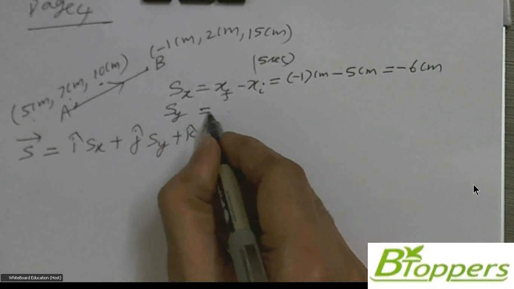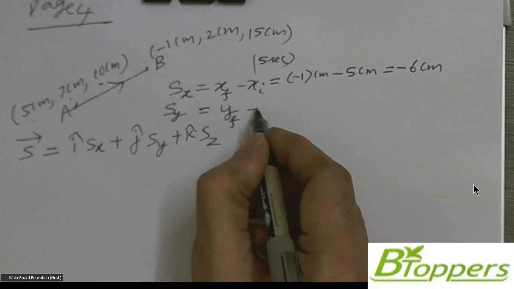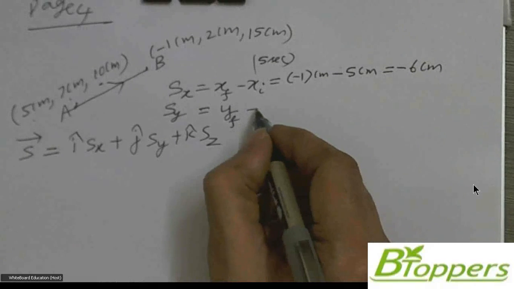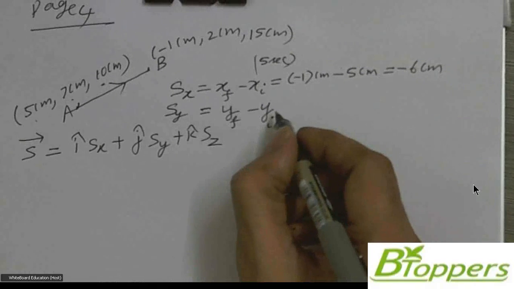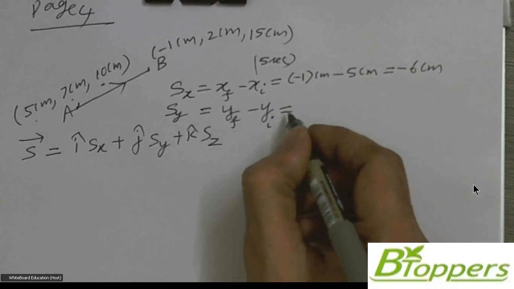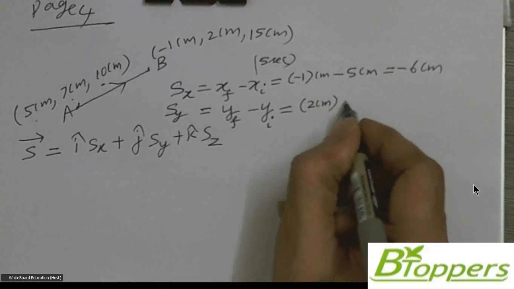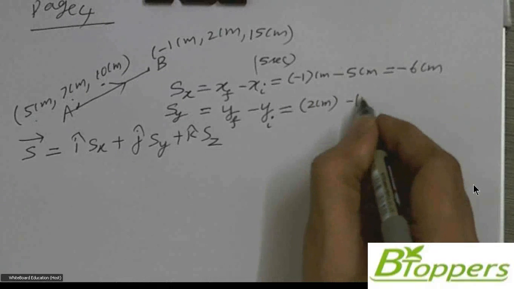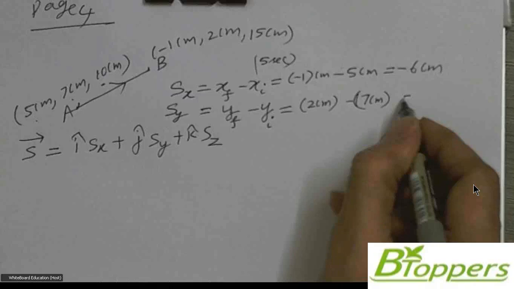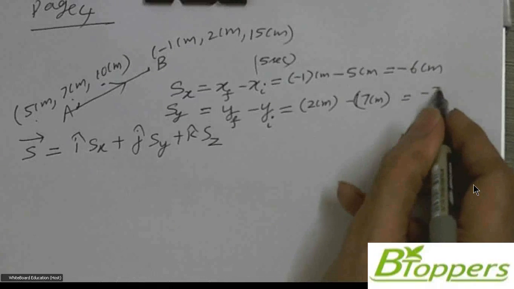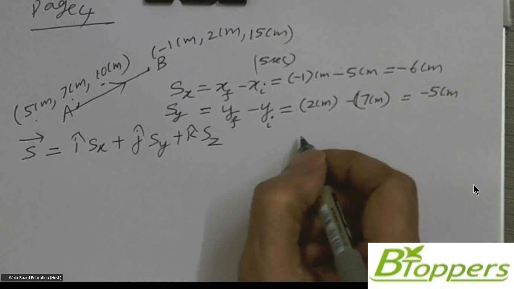The y component of displacement is the y coordinate in the final position minus the y coordinate in the initial position. Here the final y coordinate is 2 cm and the initial is 7 cm. So that comes out to be -5 cm.